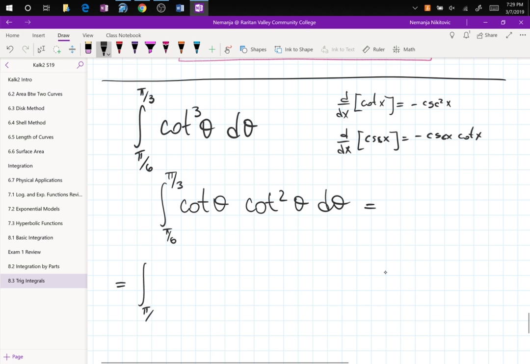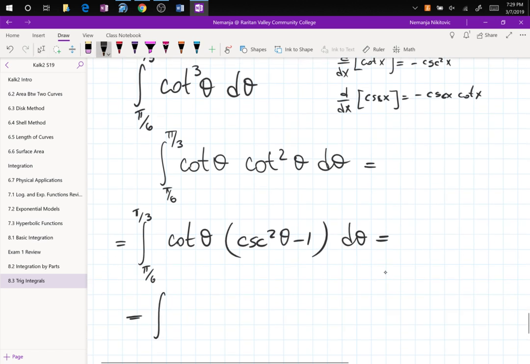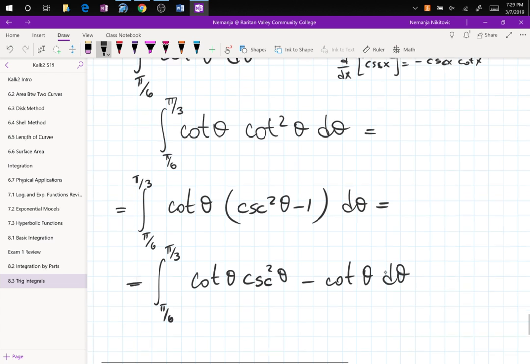So integral from pi over 6 to pi over 3 of cotangent theta, and now cotangent squared is cosecant squared theta minus 1, d theta. Distribute: cotangent theta cosecant squared theta minus cotangent theta d theta.